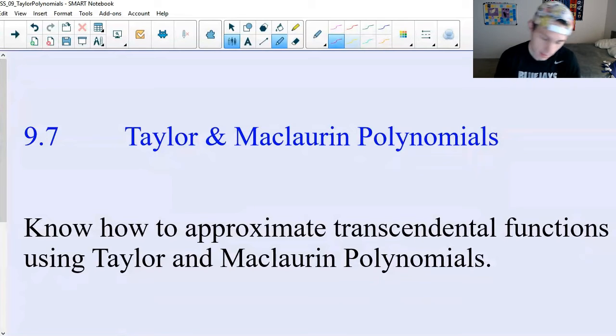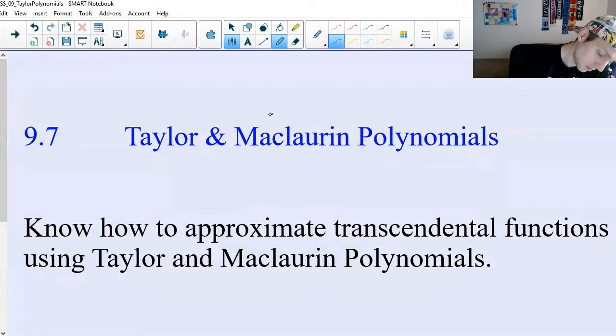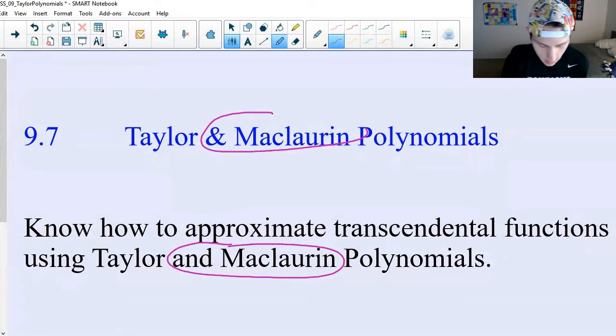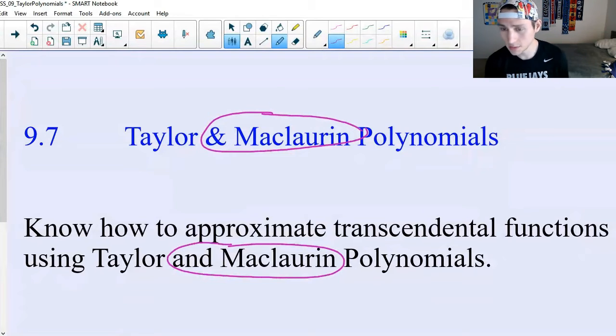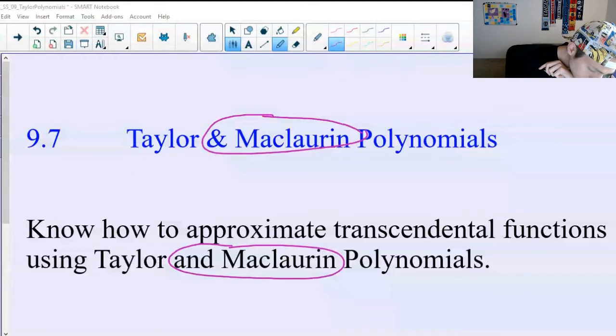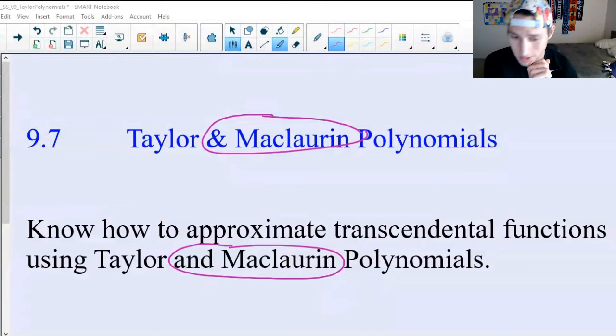And technically, we don't need to talk about Maclaurin polynomials or Maclaurin series, but well, you guys will see why once we actually get more into the definitions of what these things are. It's not really much different to talk about a Maclaurin polynomial compared to a Taylor polynomial, so we'll go ahead and at least mention it.